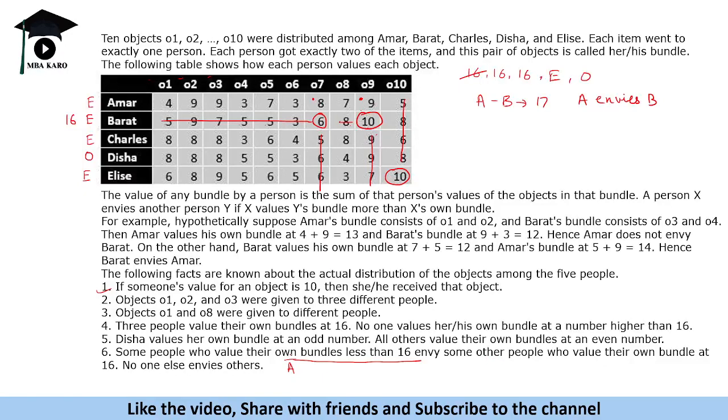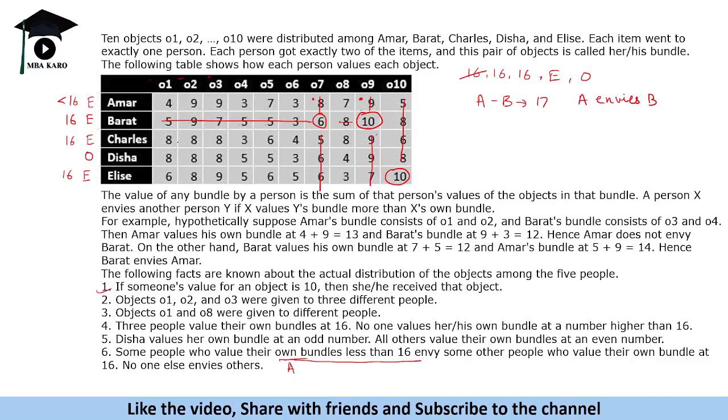So some people who have less than 16 will envy some people who have a bundle of 16. So Amar will envy Bharat. So Amar is someone who has got less than 16. So this means these two people will also get 16 points. Now let us find out how these two people can get 16 points.